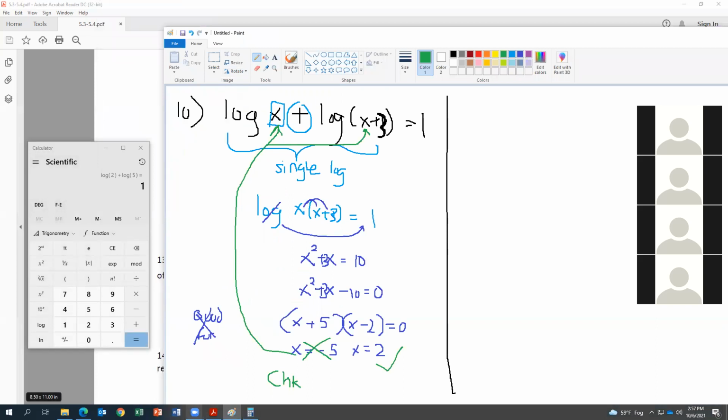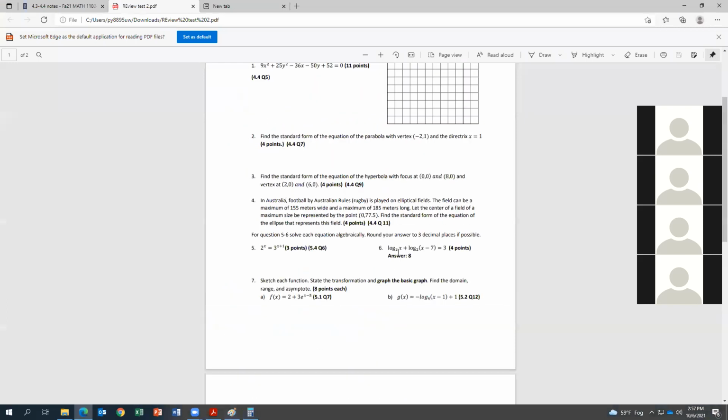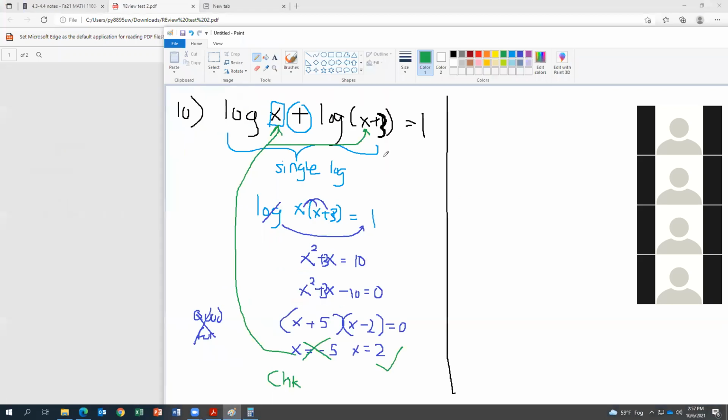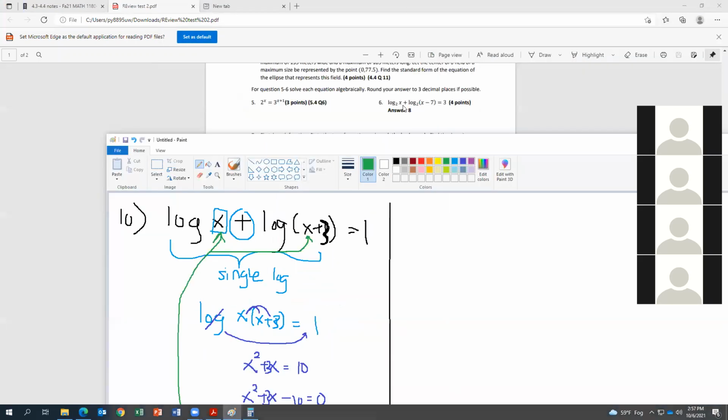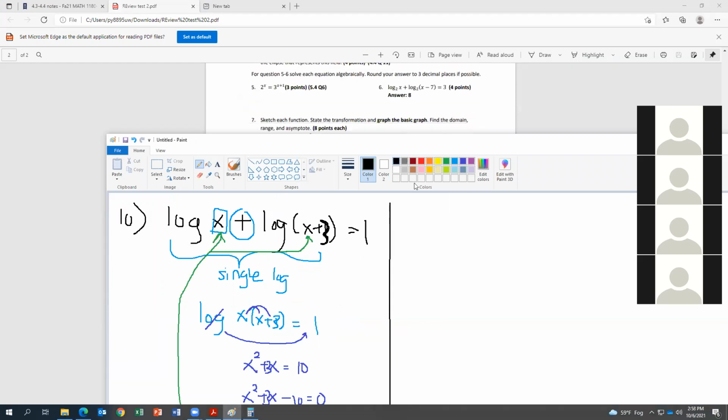So I want you guys to do this question on your review now. I'm going to write it down here so you guys can see. On your review, do you see this on number 6? Question 6 on your review. I want you guys to do log 2x plus log 2x minus 7 equals 3.